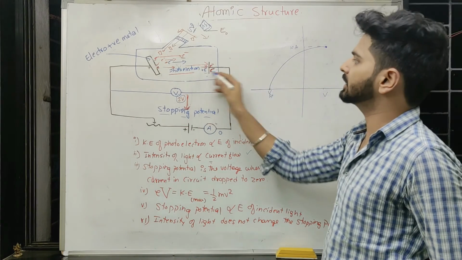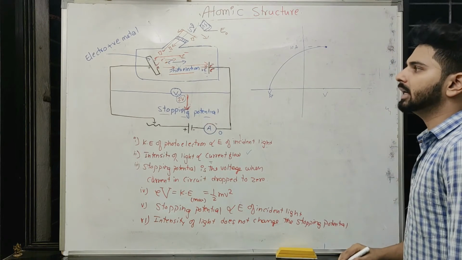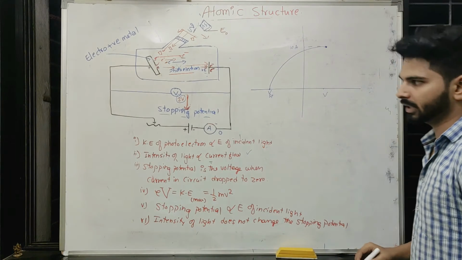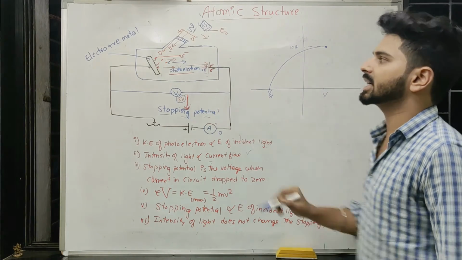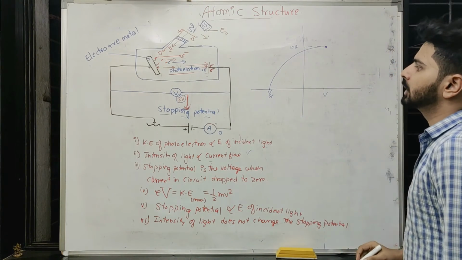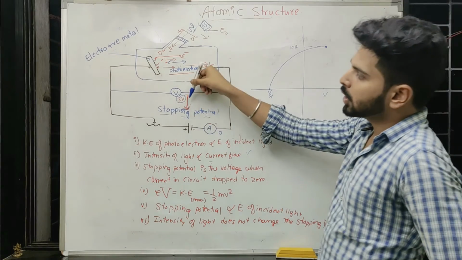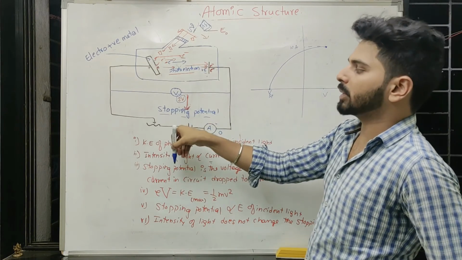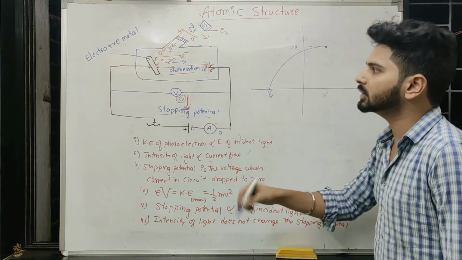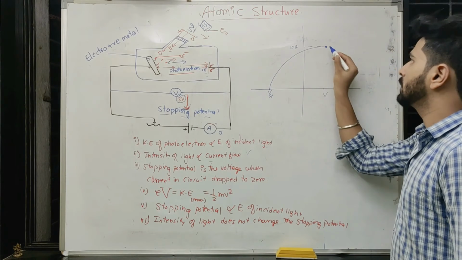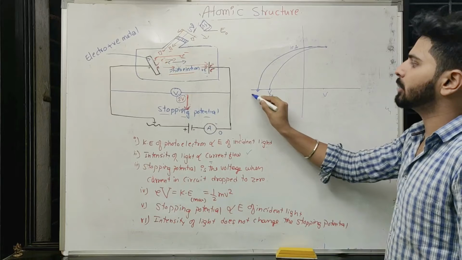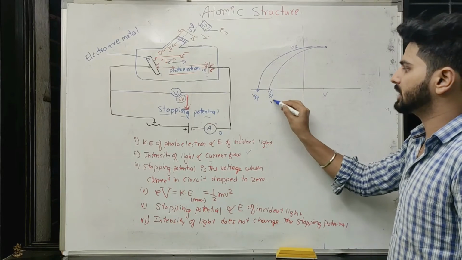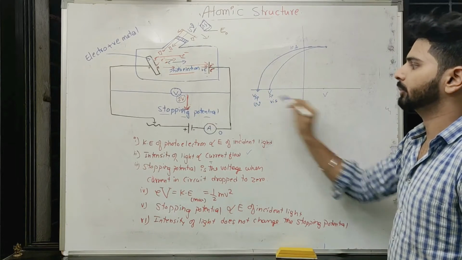Now they have entered the circuit. Now if I reverse the voltage, definitely they have higher kinetic energy as compared to the earlier case. So that means we have to go to a new stopping potential, a further lower one, so that we can stop them now. So this one will have a different stopping potential. Let us say this is visible light and this is UV.